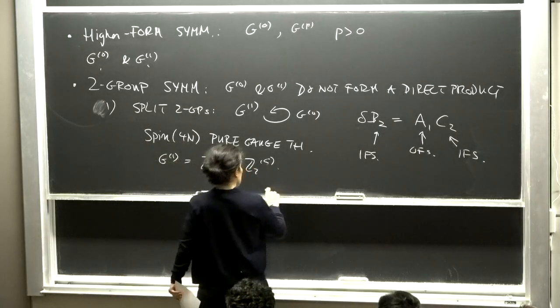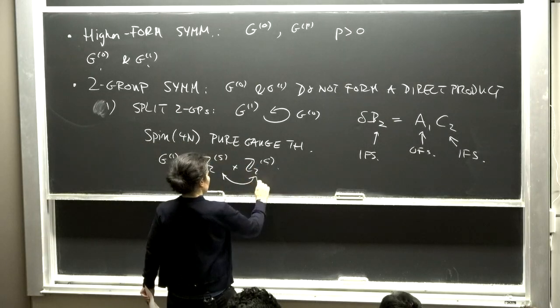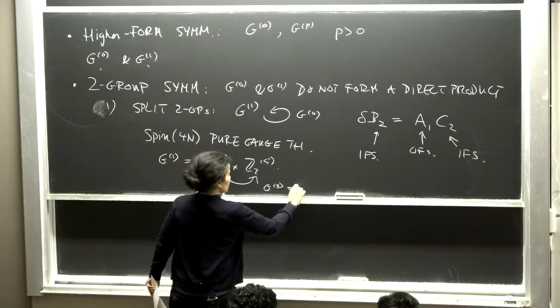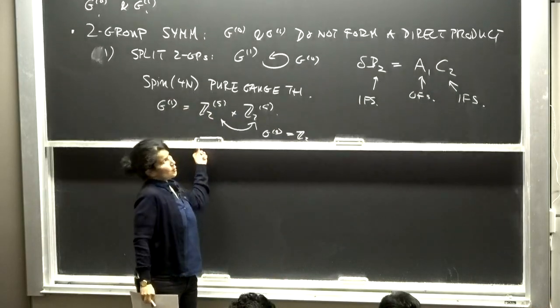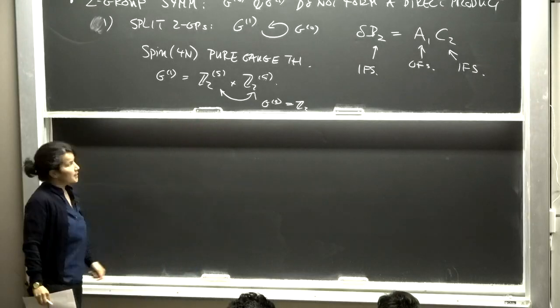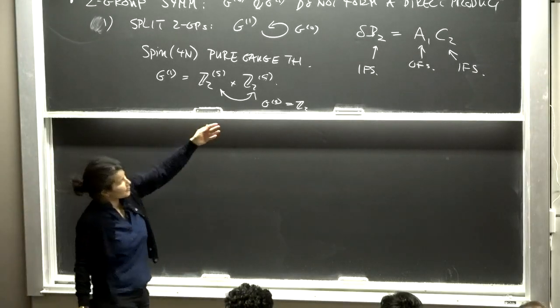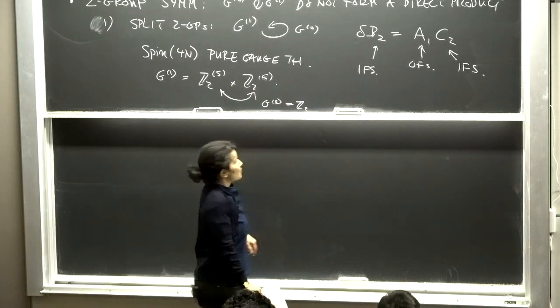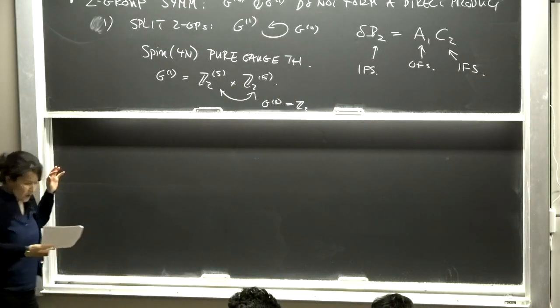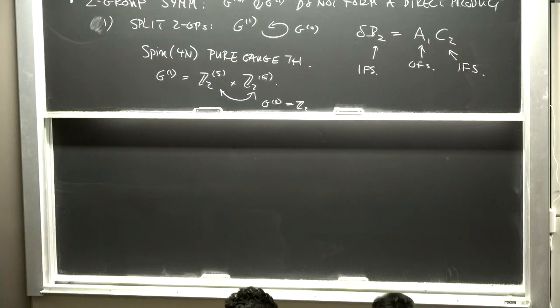And the G0 exchanges these. So this is a zero-form symmetry that exchanges these two. It also exchanges the Wilson lines. And so this forms one of these split two groups. If you write this out in terms of the backgrounds, then you get this sort of equation. Okay, so this is what we discussed last time.